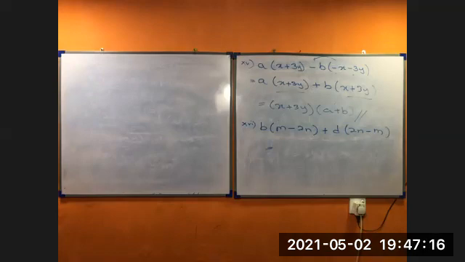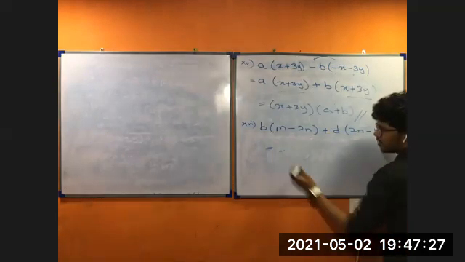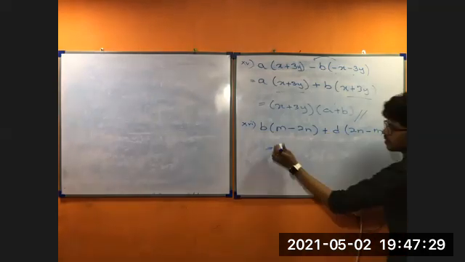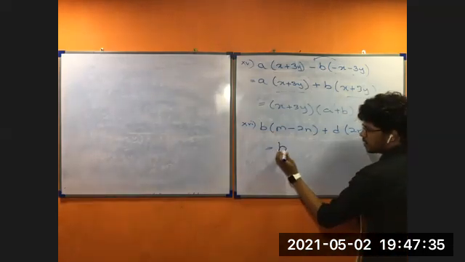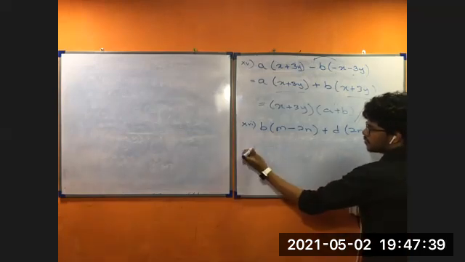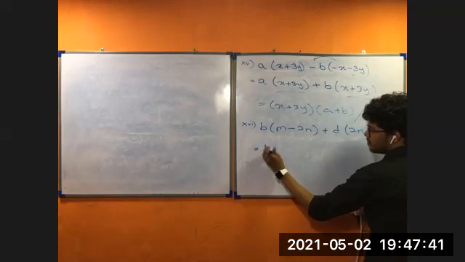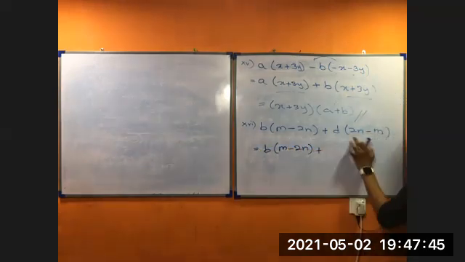Plus b, minus d times 2m minus n. Okay, so here we need to swap, right? So I will change the sign. Sorry, b times m minus 2n plus, right?